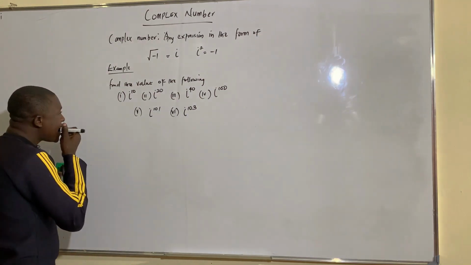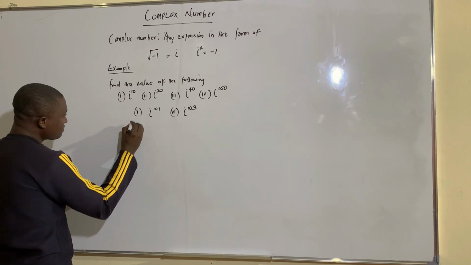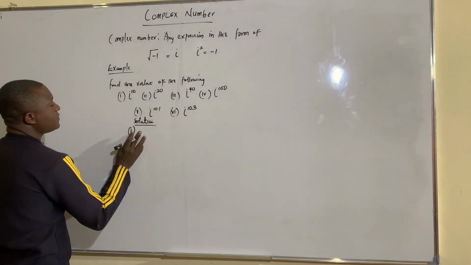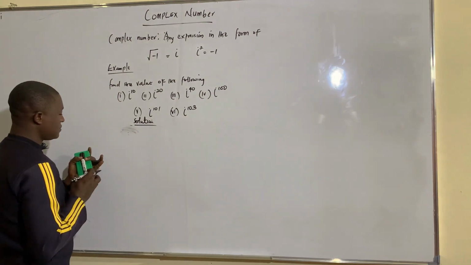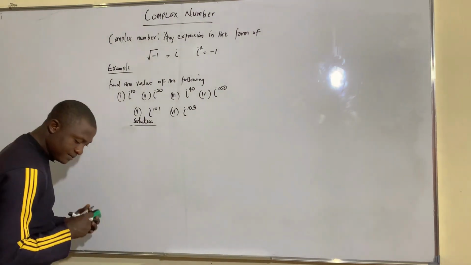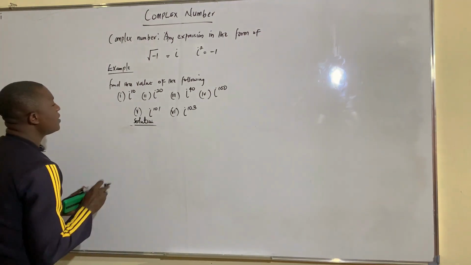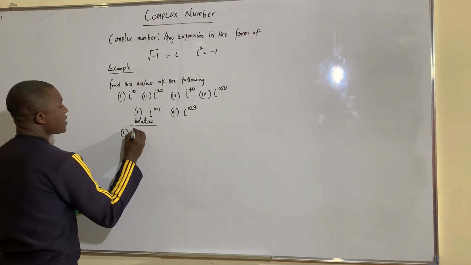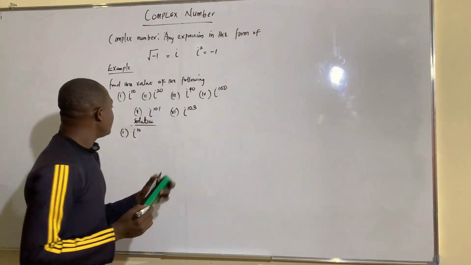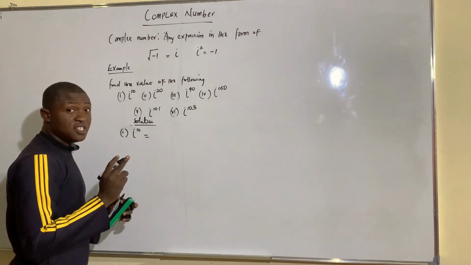Let's say we have the first one. We are asked to determine the value of i raised to the power of 10. I'll just break it down. This can be written using indices.